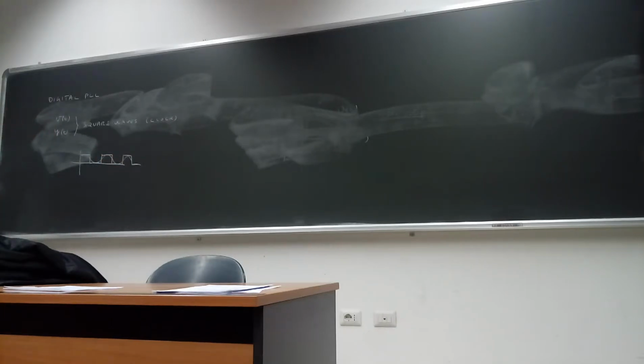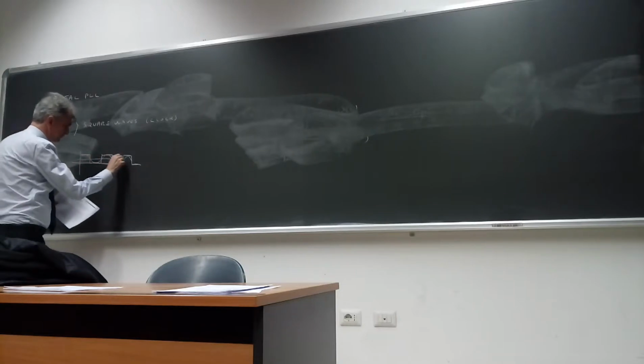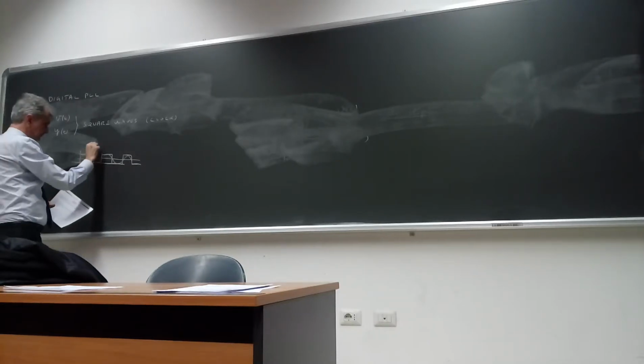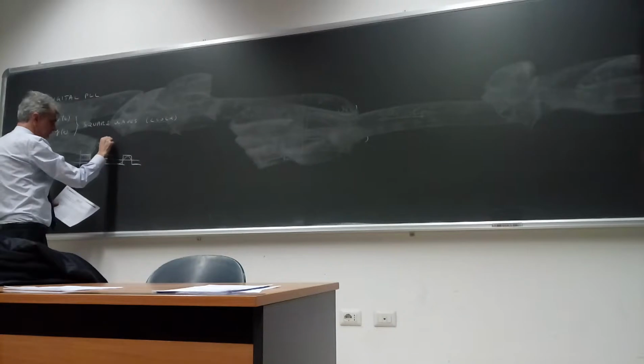In place of having a sinusoid, the rising and the falling edges of the sinusoid are rectified. Okay? This is the square wave.